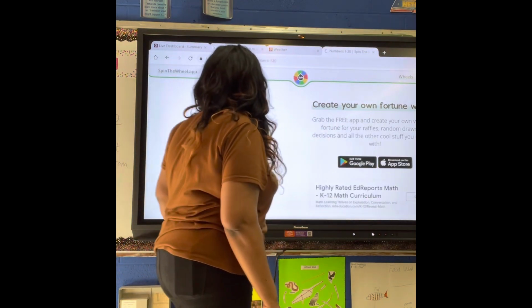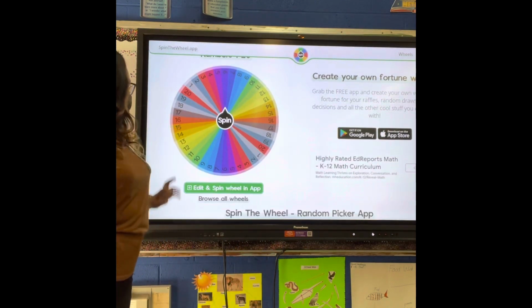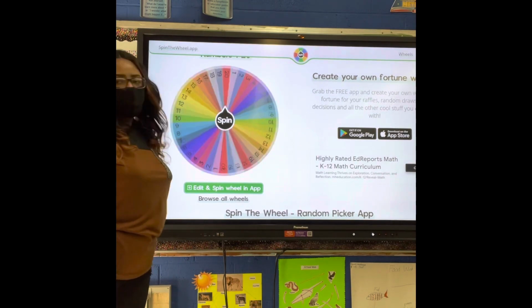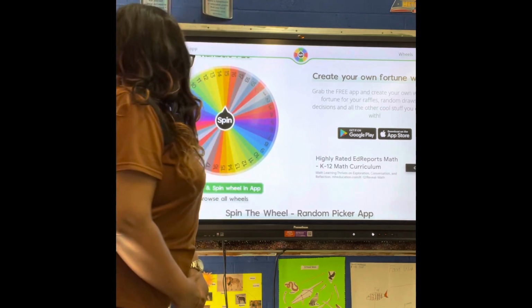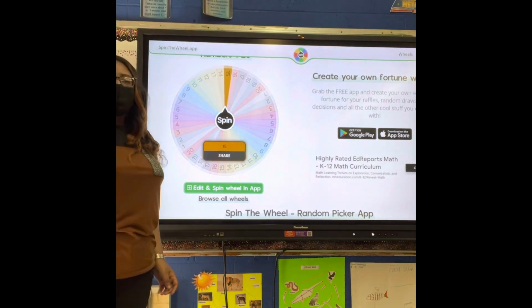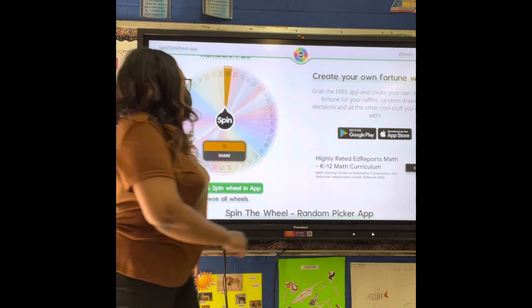We have 1 to 20. Let's see who's going to be our lucky bell ringer person for today. All right, we have desk number 15. Who is that we have? Zacoby. All right, Zacoby, let's go.